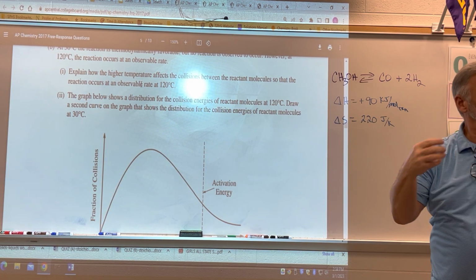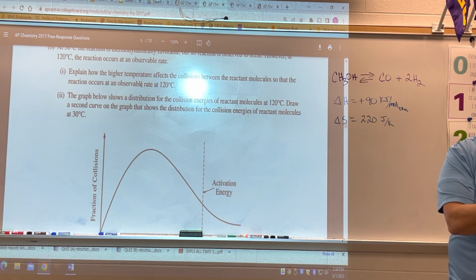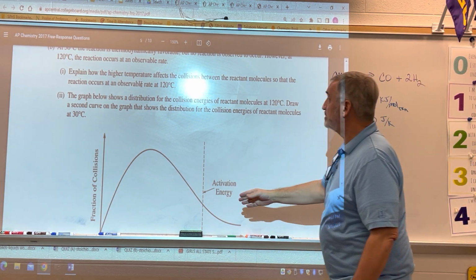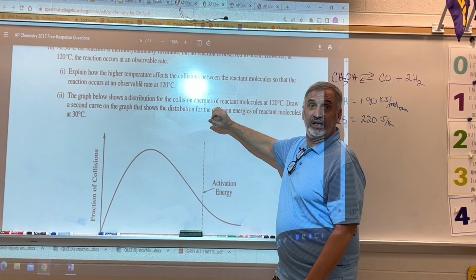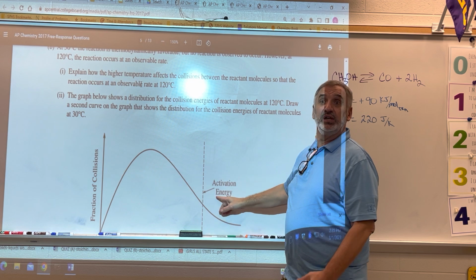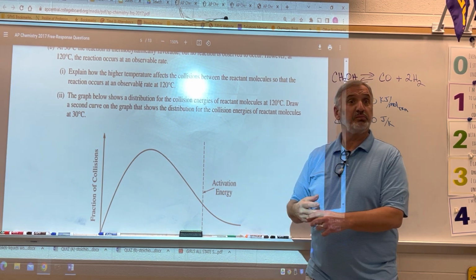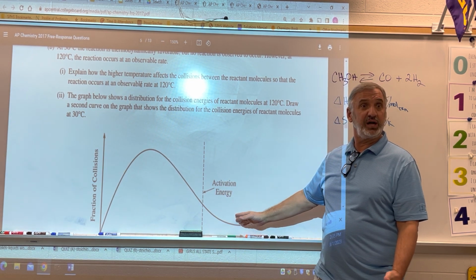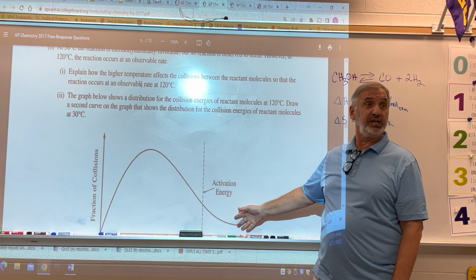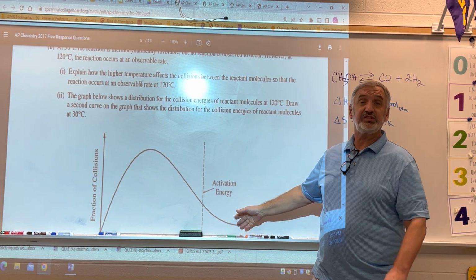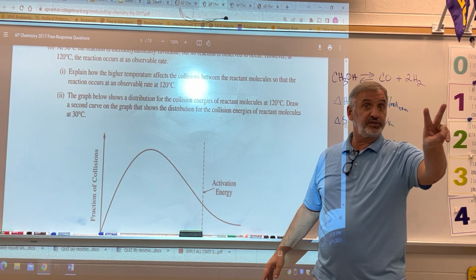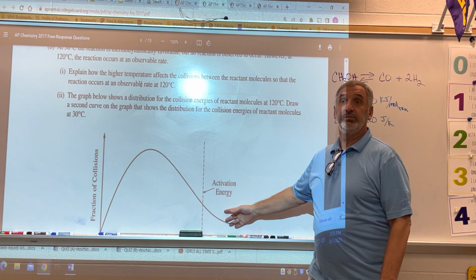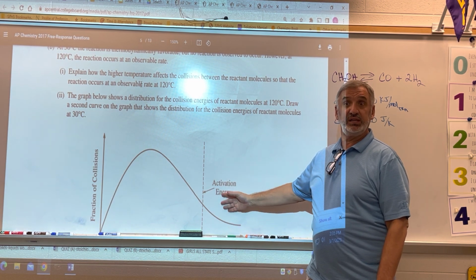Collision frequency is the concentration. Temperature does that too, but this is talking about temperature and the energy of activation. So they collide with more energy: at the higher temperature, more molecules have enough energy to overcome EA. We have two criteria for an effective collision, but when it's dealing with temperature, it's going to be EA.